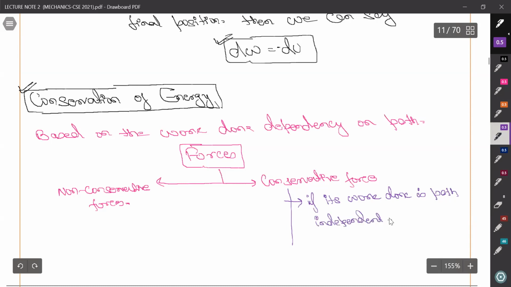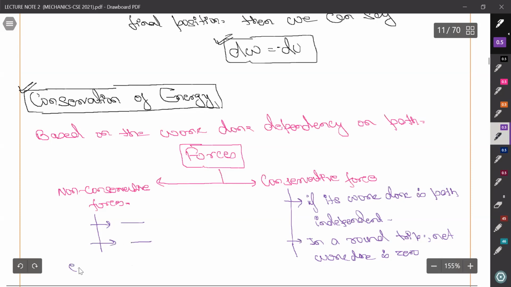We will write the mathematical equation also for this. Or in a round trip, net work done is 0. This is the very important thing. For non-conservative, you can write just the negative of this.